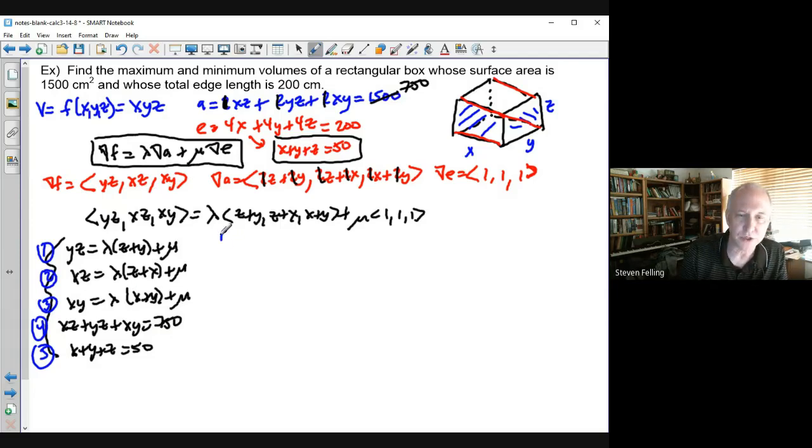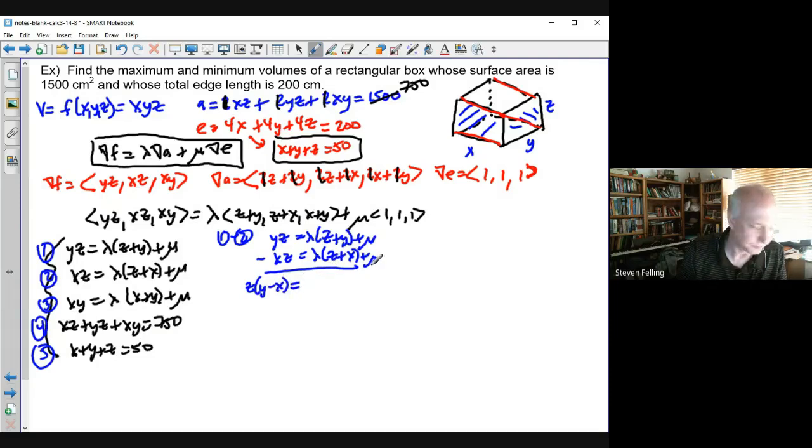So let's take equation 1 and subtract equation 2. If I took yz equals lambda z plus y plus mu, and I subtracted this equation, lambda z plus x plus mu, then I could factor a z out, y minus x, and over here, the mu's would cancel, and I would end up getting lambda z minus lambda z, which goes away, but lambda y minus lambda x is going to be lambda times y minus x, okay?